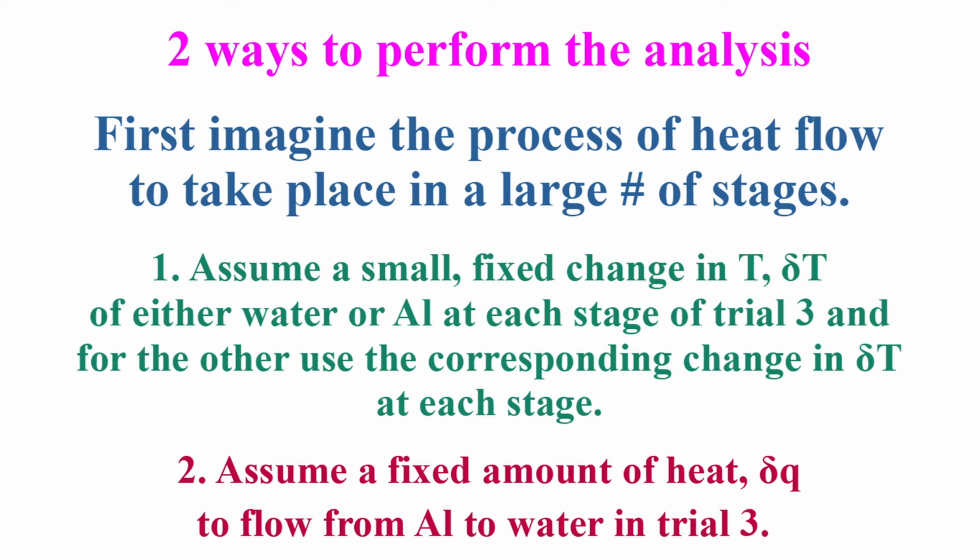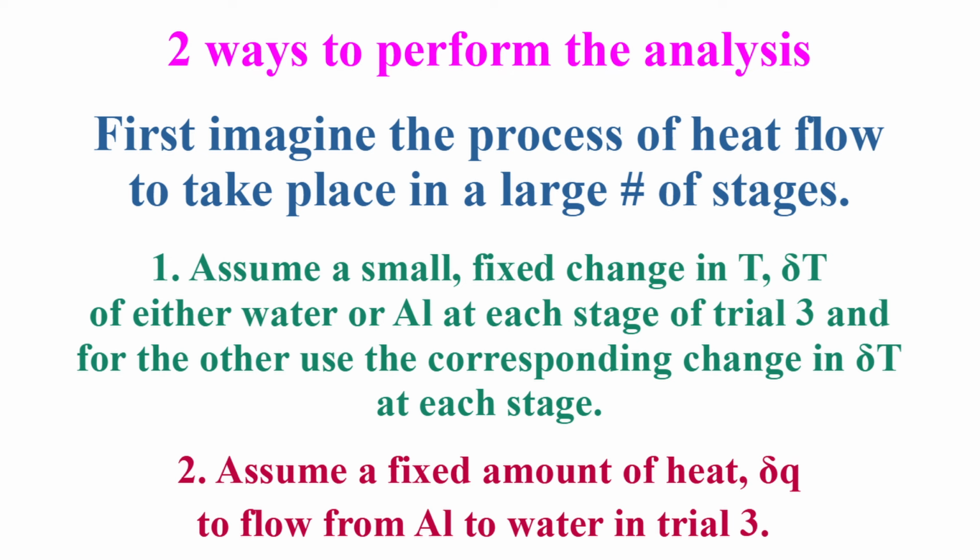We will first discuss the first approach in detail and use it to illustrate the origin of the first part of the mathematical statement of the second law of thermo, namely delta S total is greater than 0 for a spontaneous process.